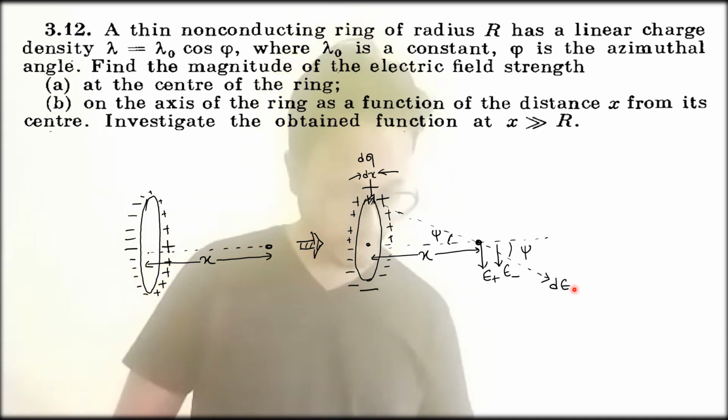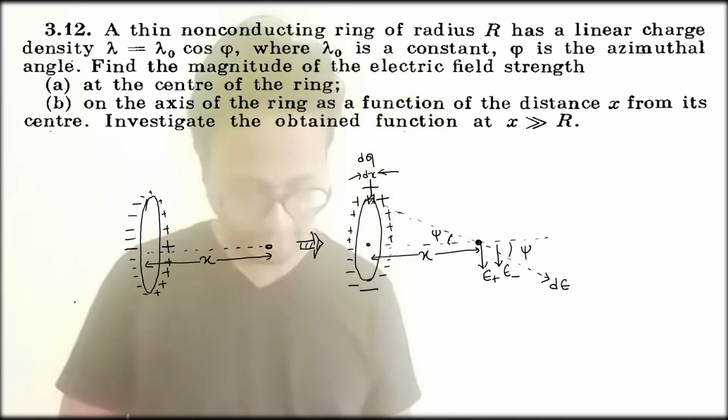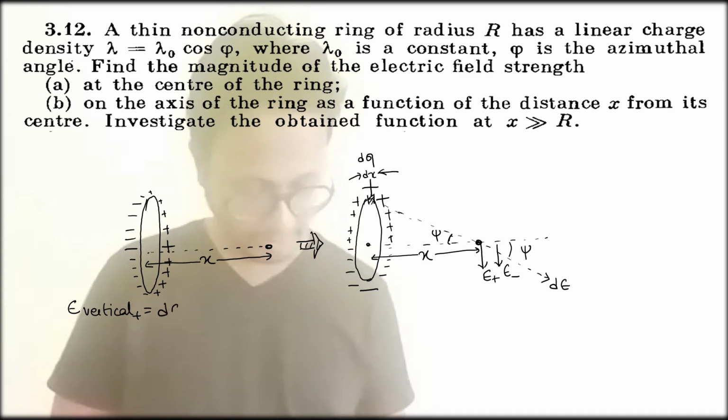So the vertical component would be dE sin sigma. So the vertical component of electric field, E vertical, due to positive charge, would be equal to dE sin sigma.